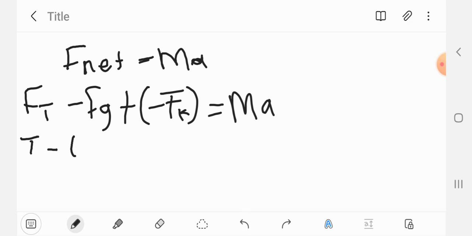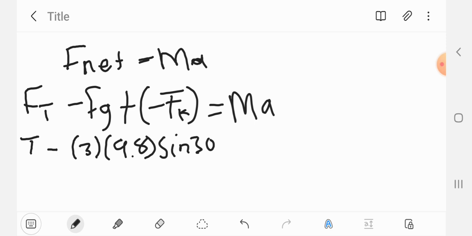So let's start with the gravitational force. We'll have 3 times 9.8 sine 30.